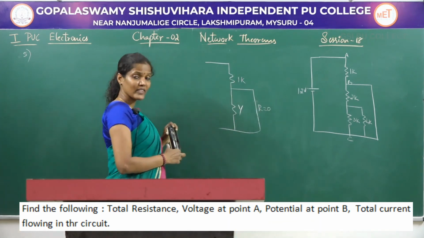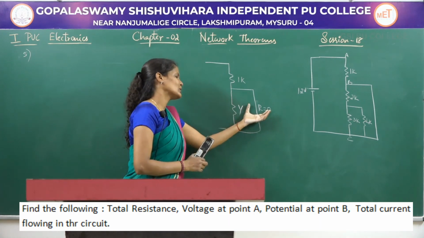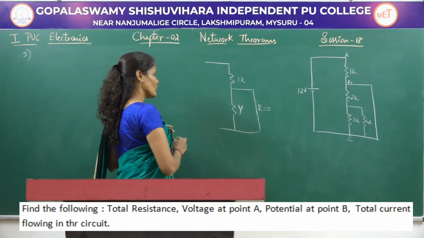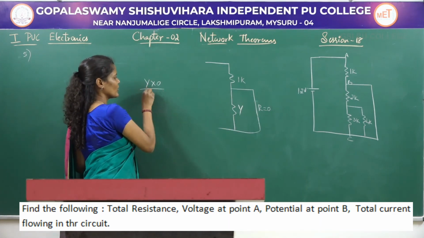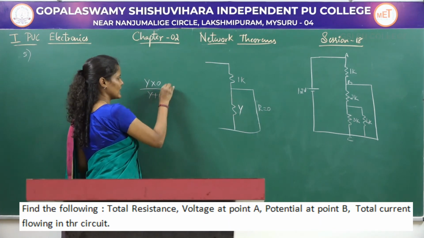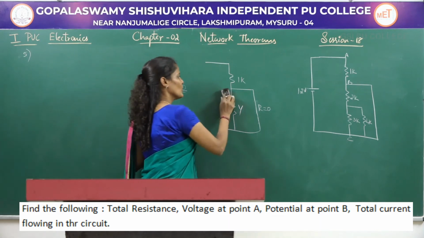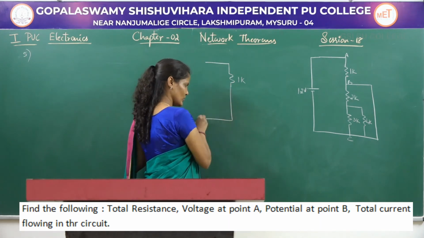So we have seen that in the short circuit, the total resistance across the short will be equal to 0. So these two are connected in parallel, so Y into 0 divided by Y plus 0, and anything multiplied by 0 will be equal to 0 itself. So this complete part will be equal to 0.